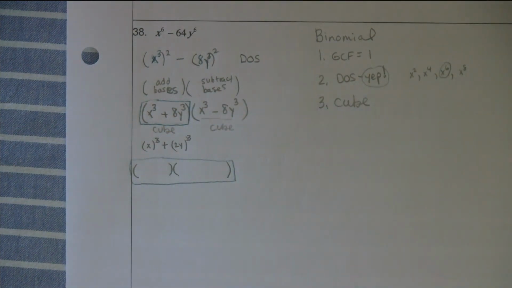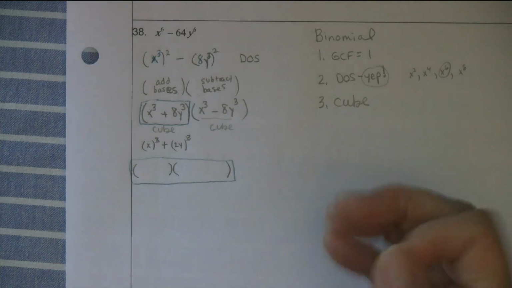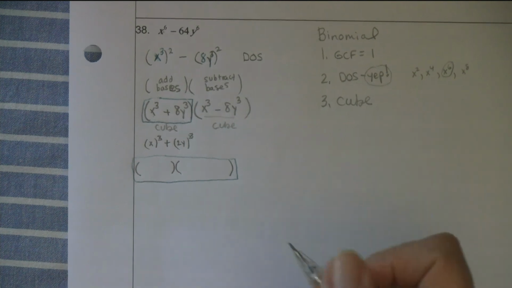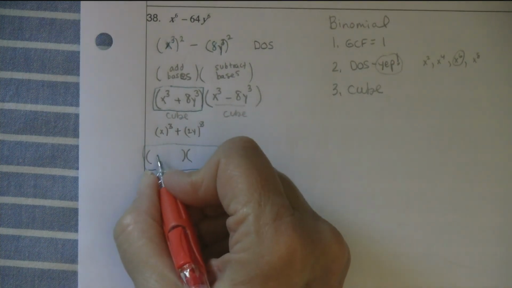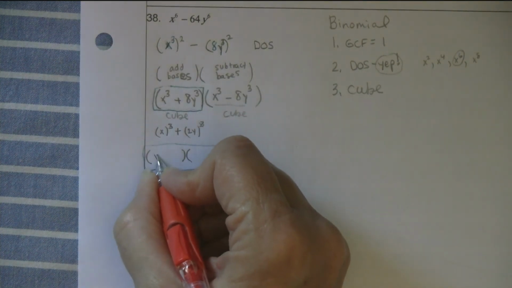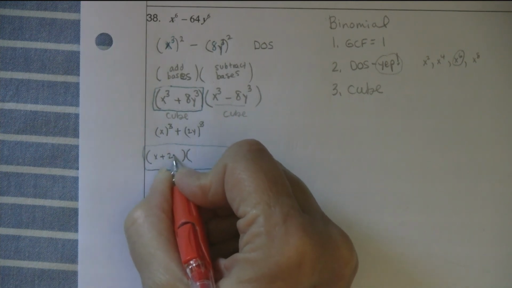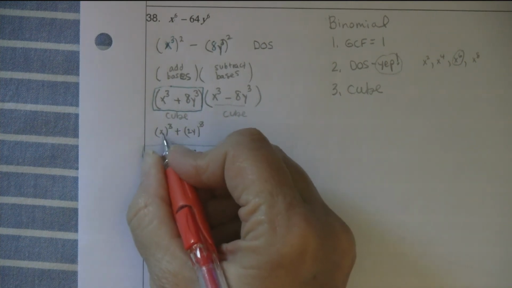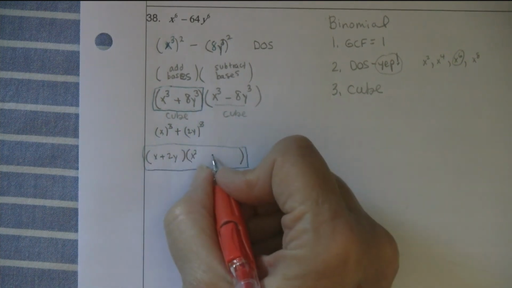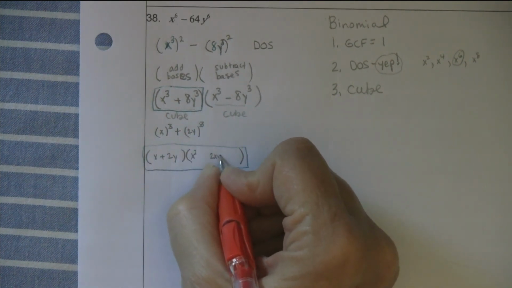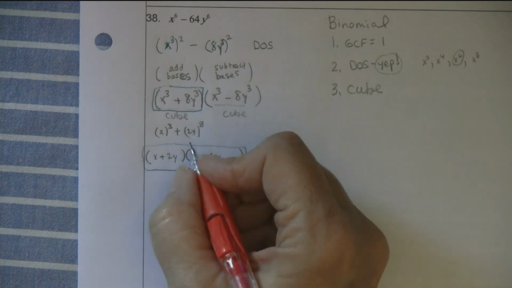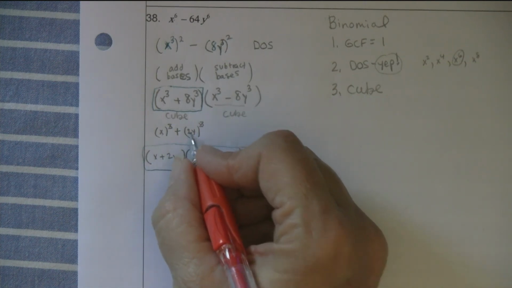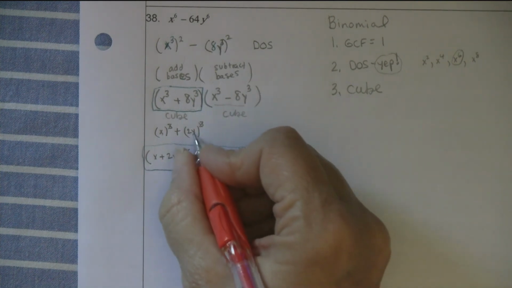And then I'll do the other one, and I'll put it here, right? So this is finger over 3's, write what you see, x plus 2y. Square it, x squared. Multiply them together, 2xy. Square it. Now, when it's got two pieces, you got to square both pieces. 2 squared is 4, y squared.